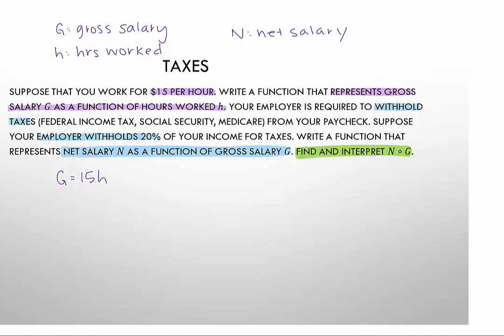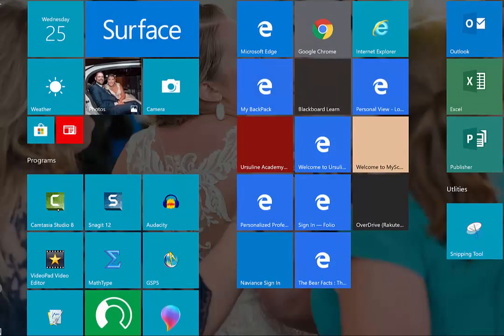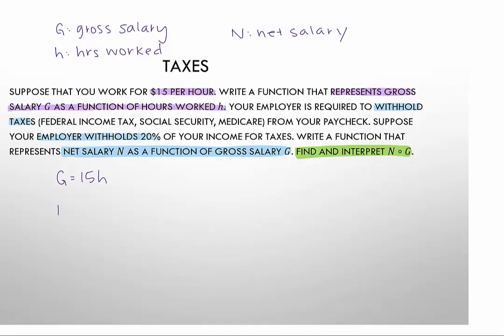Now, if I want to figure out my net salary, I know that my employer is withholding 20% of my gross salary. So if I think about my net salary, that would be however much I make, which would be $15 an hour, but we're going to write it in terms of g because that's what it's asking me to do.